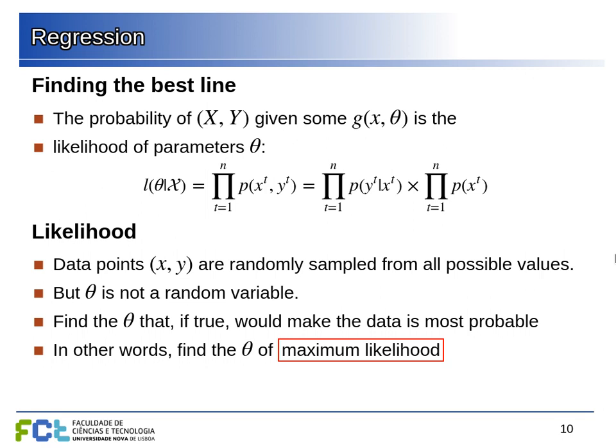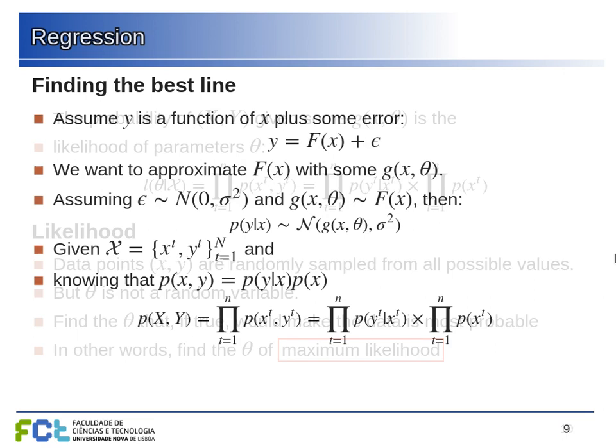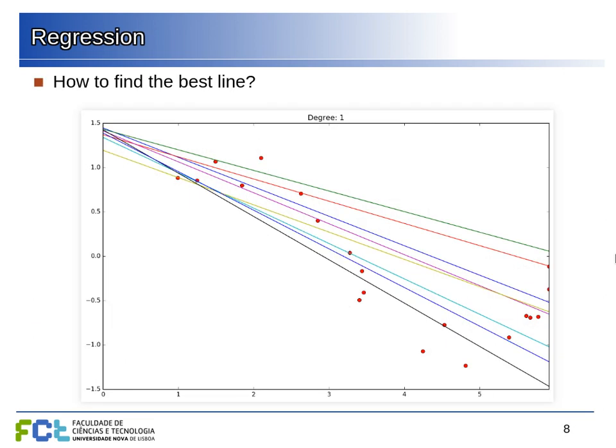But given this interpretation, we can only apply probability to something that is random. In our case, the data points that we have are a random sample from the universe of all possible data points. We can imagine that if we were to repeat everything, if we went back in time and obtained a new set of data points, they will fall more or less in the same shape, but they will not be exactly the same because we are drawing them at random from all possible data points.